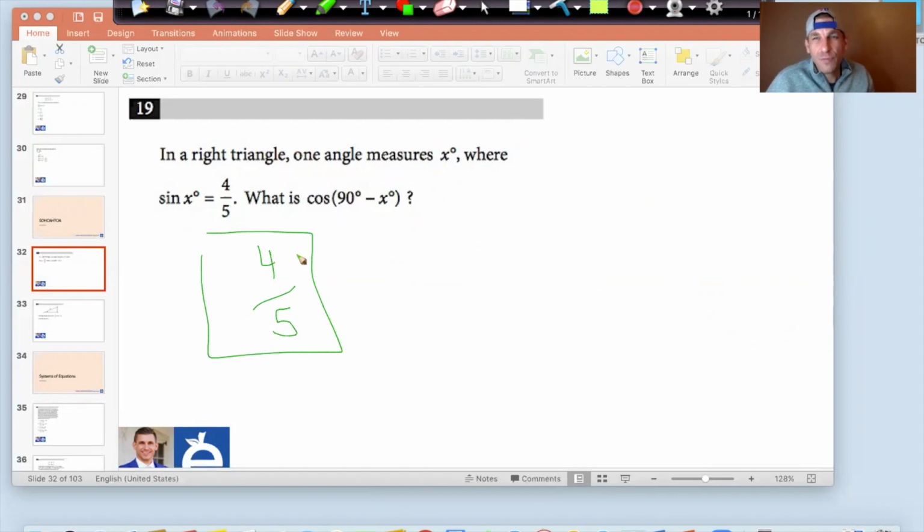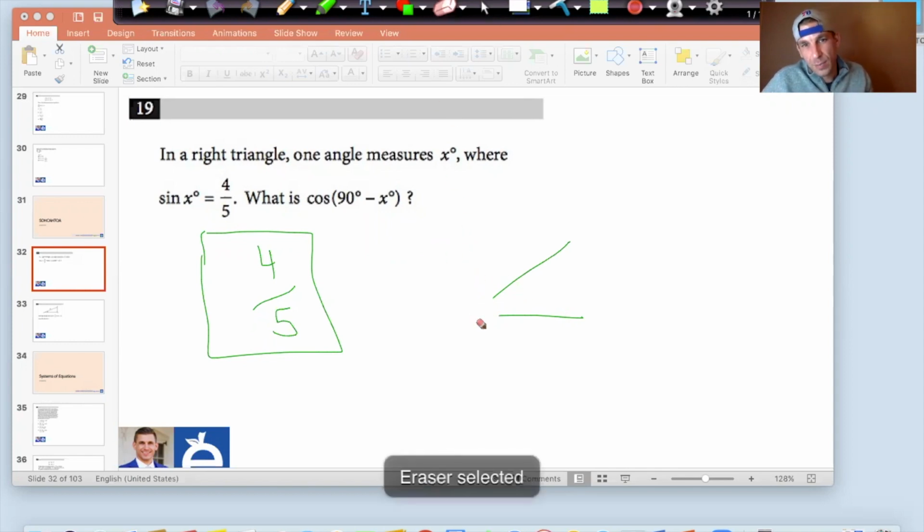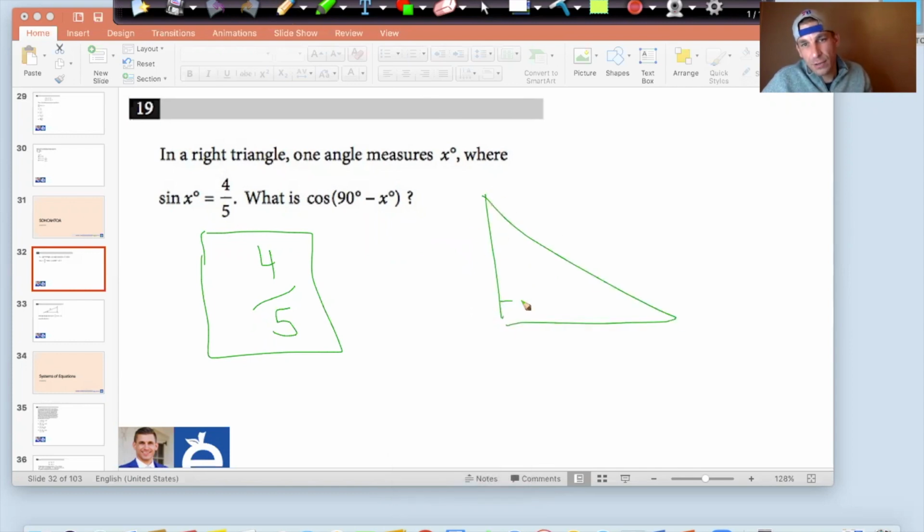Hopefully you understand that there are laws to this in terms of complementary angles, when two angles together make 90 degrees. The sine of one angle is equivalent to the cosine of the other angle. Hopefully you remember part of those rules, but long story short, because they can ask this in a bunch of different ways: quick recap.